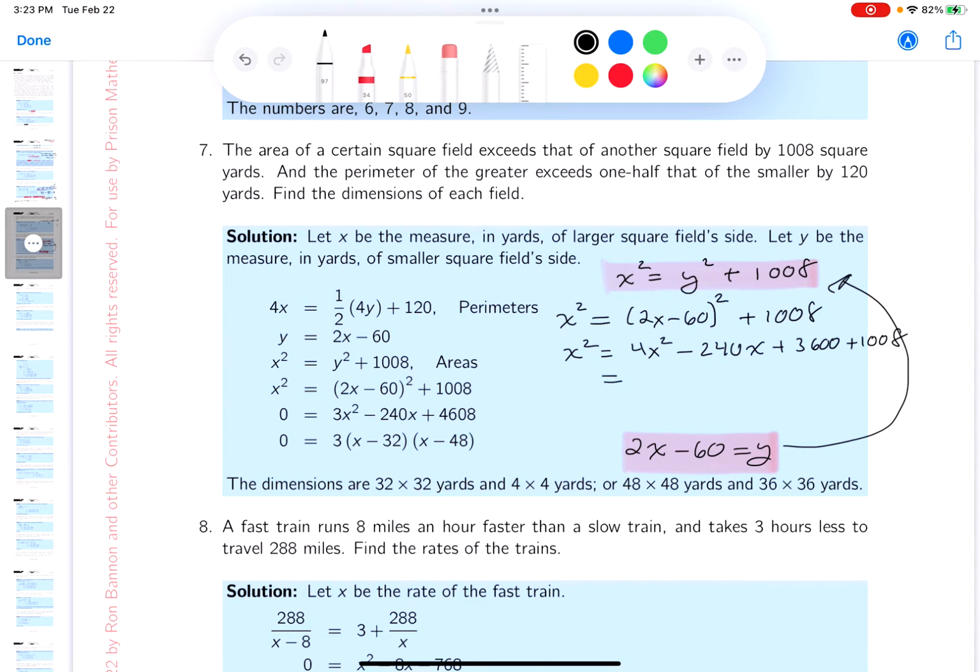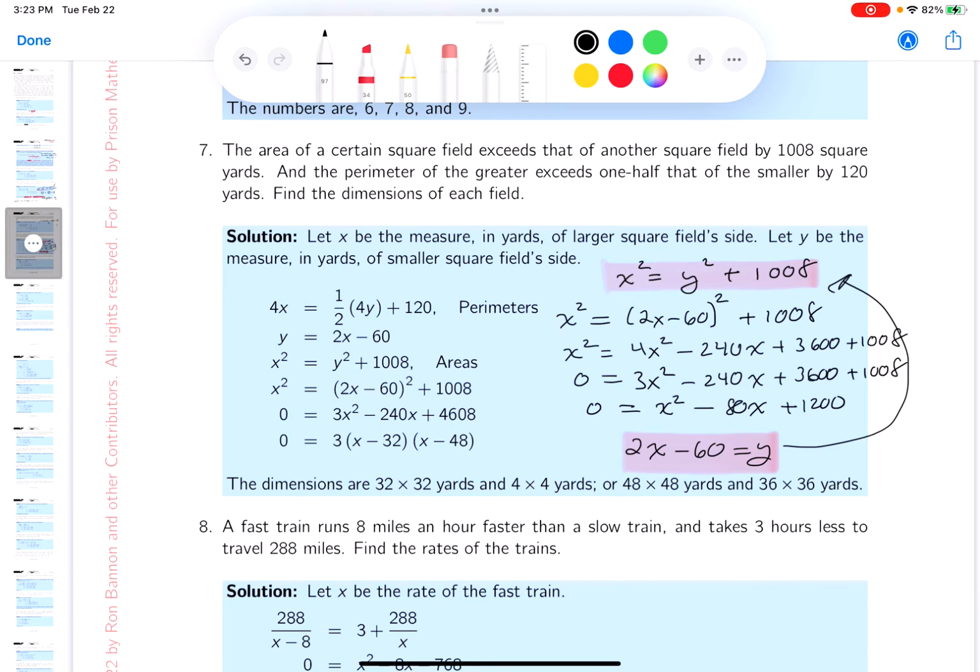I'm going to take x squared from both sides, and you get 3x squared minus 240x. There's a reason why I'm not adding those together, because I want to divide by 3. It makes it easier for me; the numbers become smaller. X squared minus 80x plus 1,200.